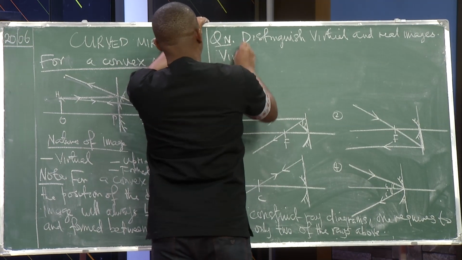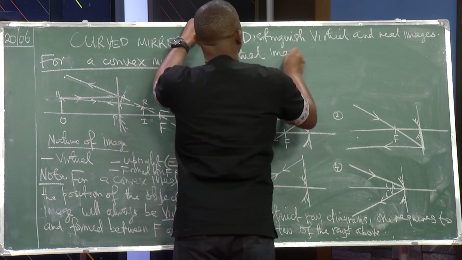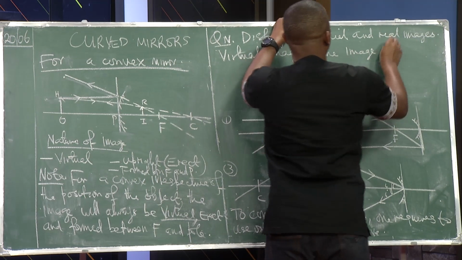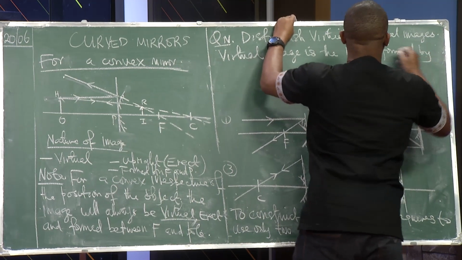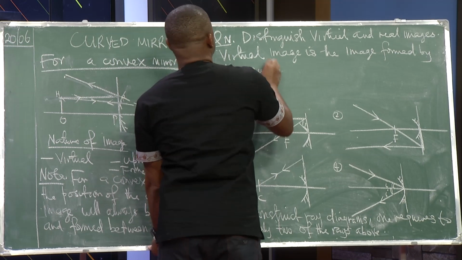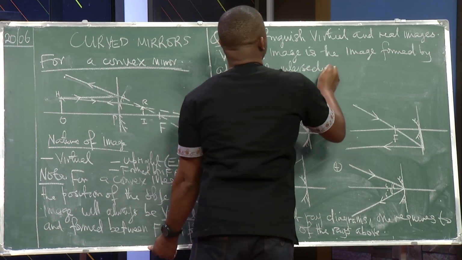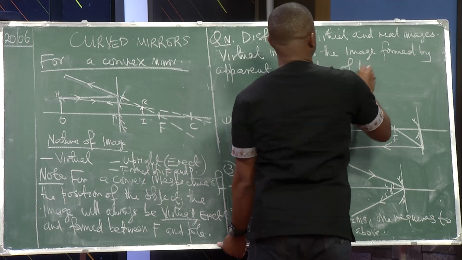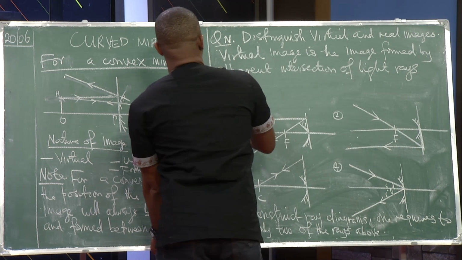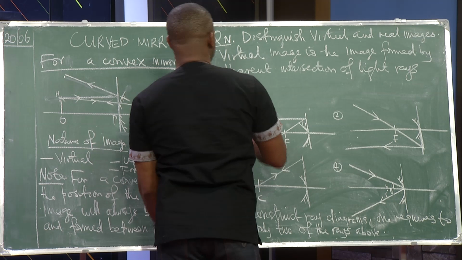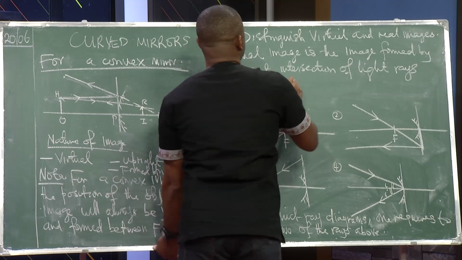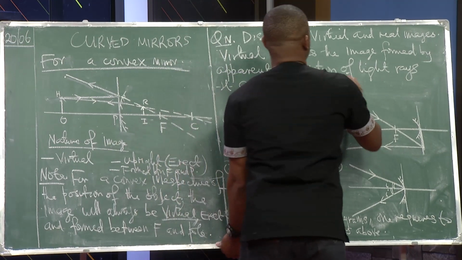We can say a virtual image is the image formed by apparent intersection. Apparent comes from the word appear. Apparent intersection of light rays. We can also say that it cannot be formed on the screen.